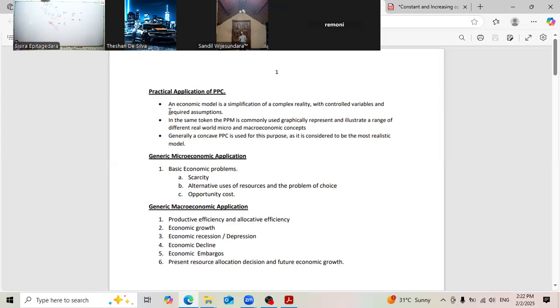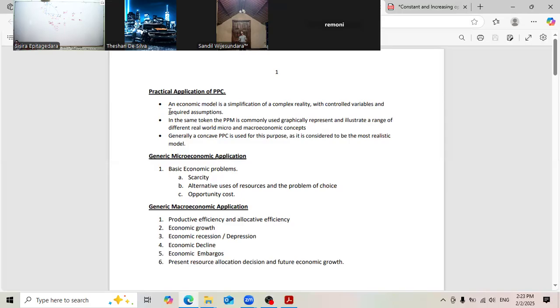Rather than explaining what economic growth is and how it occurs, you can show the economic growth on a PPC, and then someone can understand that the economy is growing. Instead of saying 1,000 words about economic growth, you can just show it on a PPC. A very clear way. That is the main purpose of using PPC.